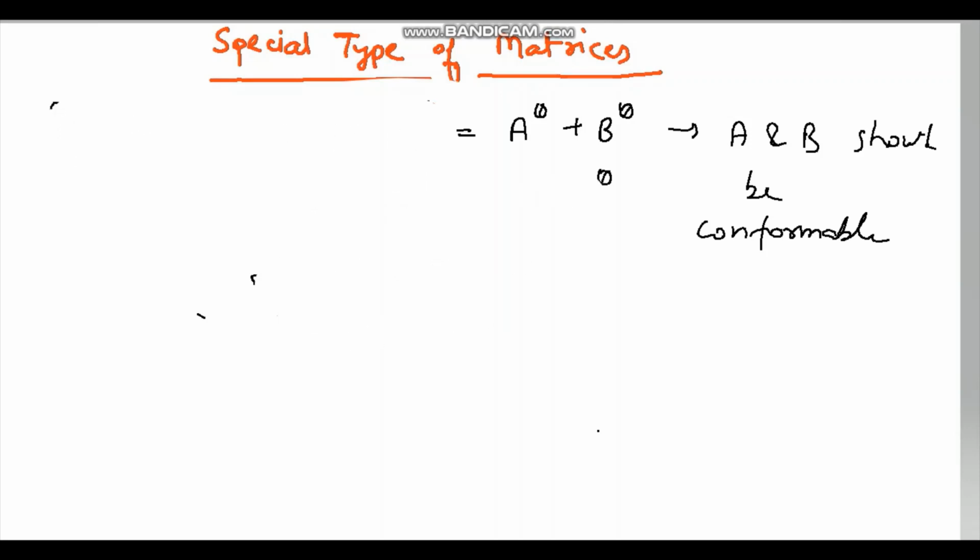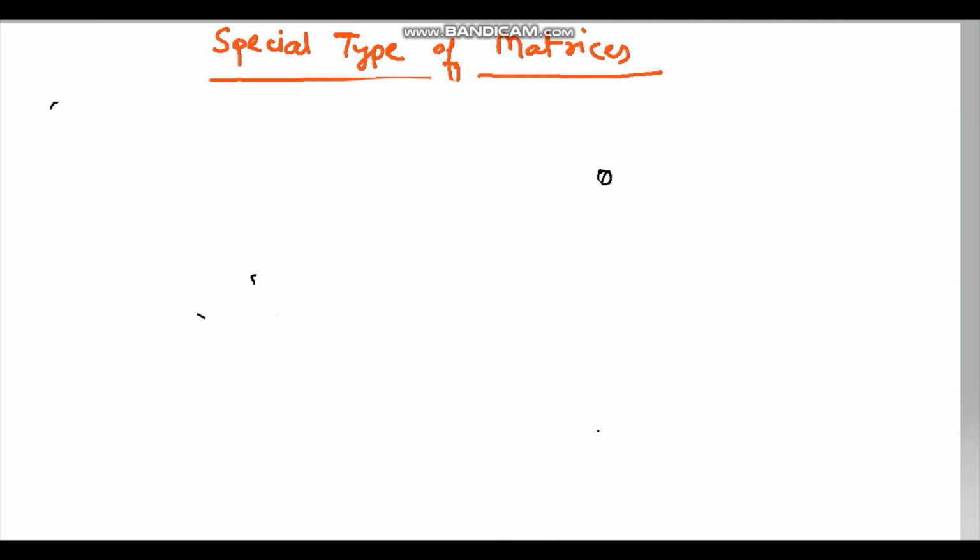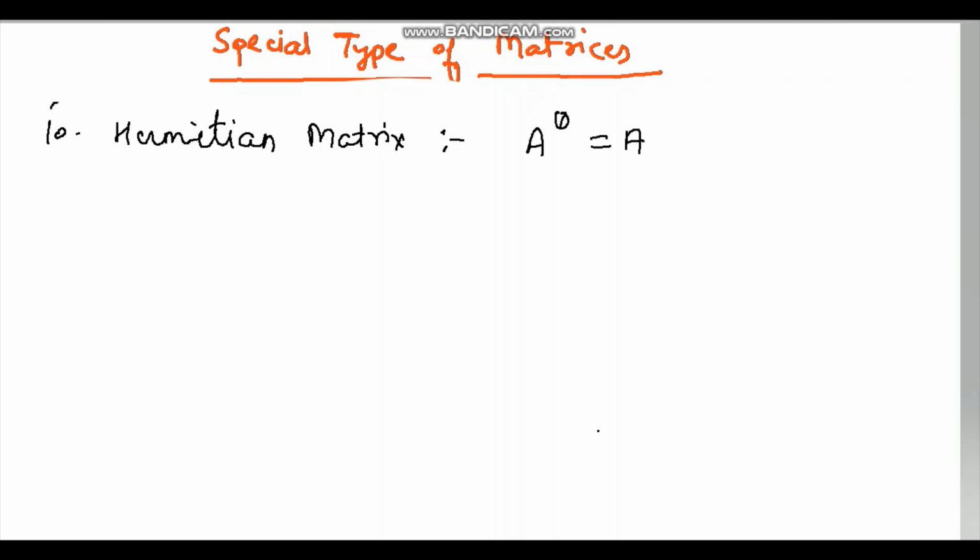next special type, we have the Hermitian matrix. What is a Hermitian matrix? If a matrix satisfies A theta is equal to A, then it is called a Hermitian matrix.